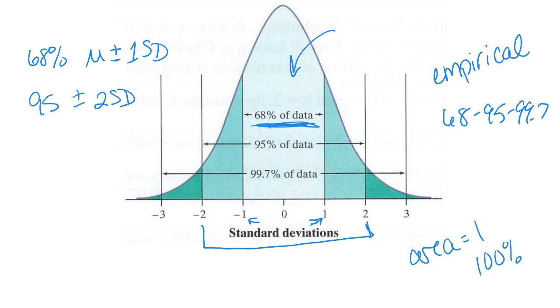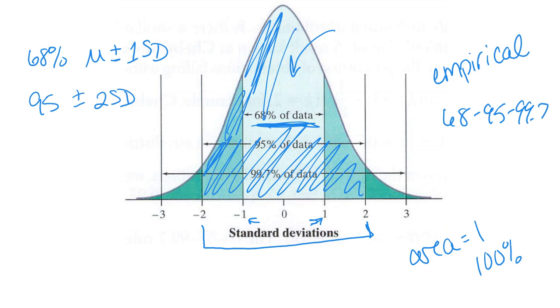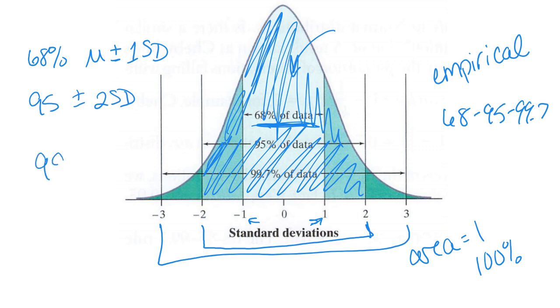So basically what this is saying is that this area right here, from here to here, filling this whole big chunk of our curve here, that is 95% of the area under the curve. So 95% of the data points fall in that range. When you go all the way out to 3 standard deviations, you should be covering 99.7% of your data points at that level.